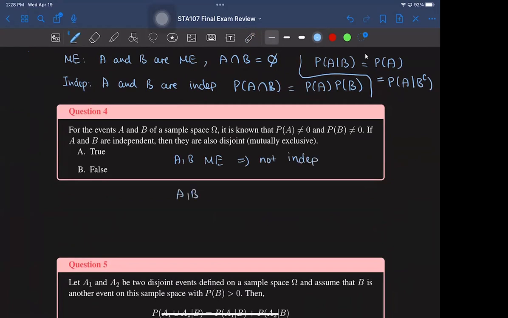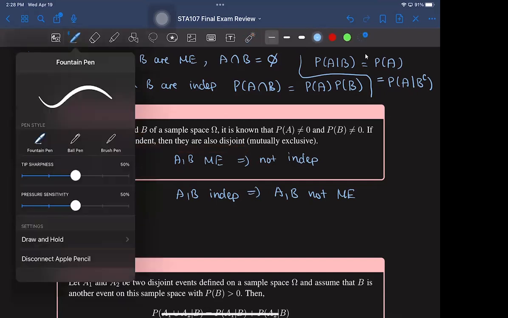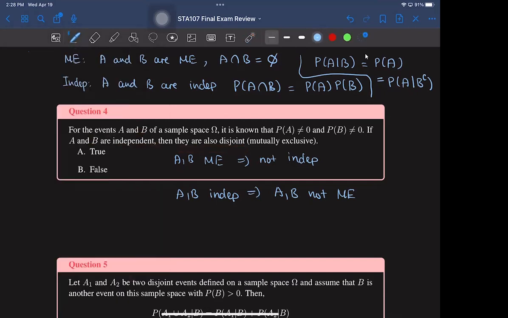And if A and B are independent, then they cannot be mutually exclusive. In order for A and B to be independent, they need some overlapping for sure. So the statement that if events A and B are independent, then they are mutually exclusive is false, because if they are independent, they cannot be mutually exclusive.